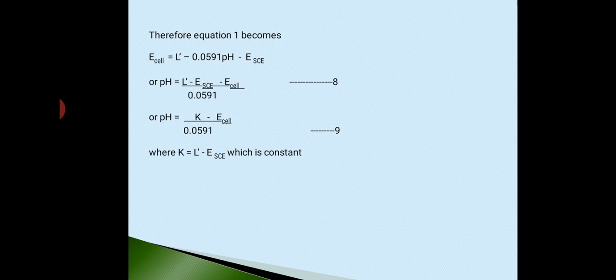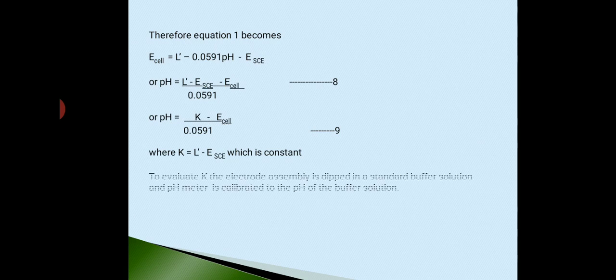Buffer solution is a solution which bears a fixed pH value. Then I have to set the instrument to that pH. Then the next step is to dip the electrode assembly in the unknown solution, and ultimately I'll get the pH value. Otherwise, I may get a wrong pH value. So dipping the electrode assembly in buffer solution is a must, to evaluate the K value.